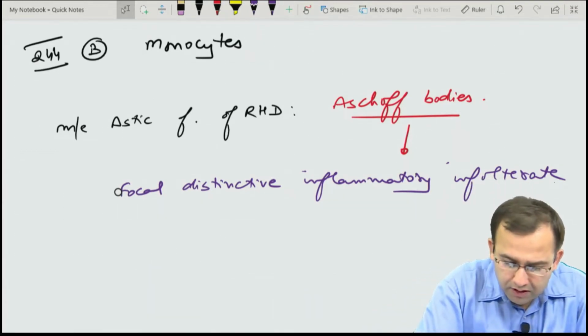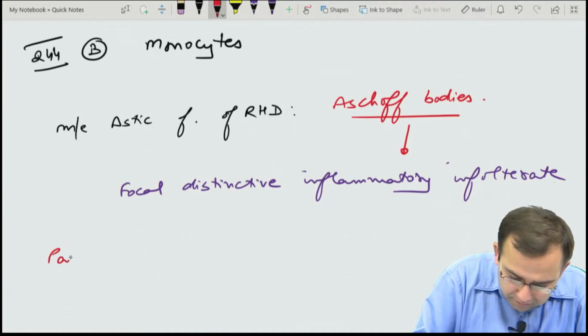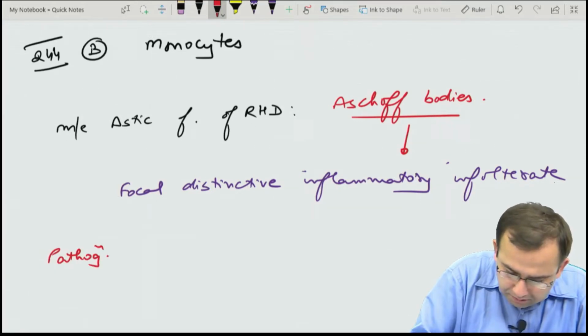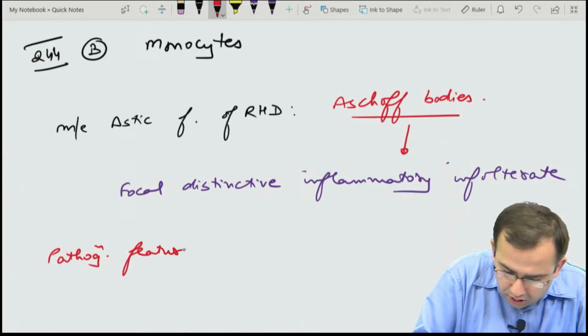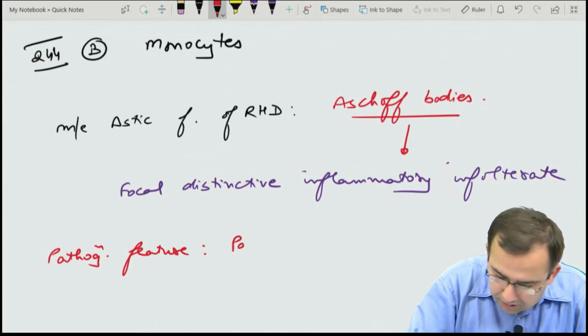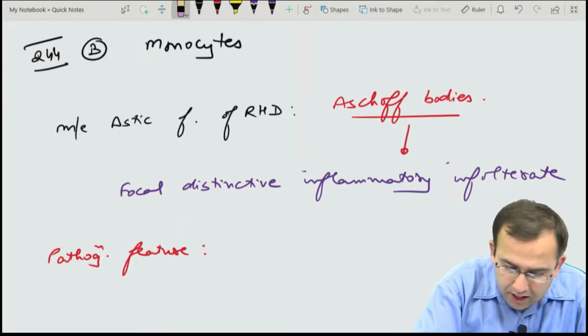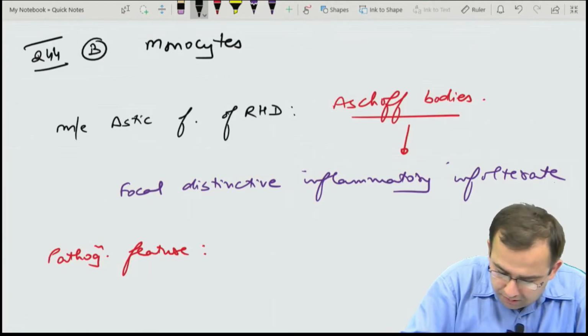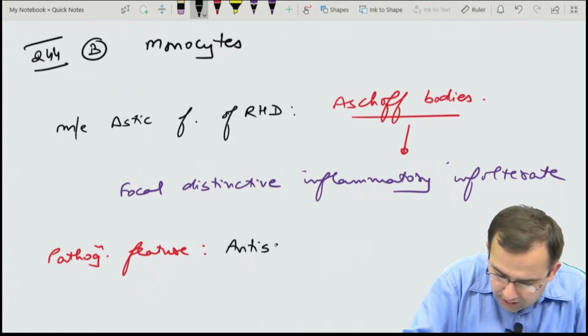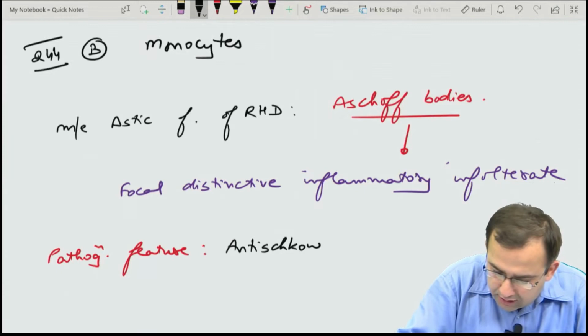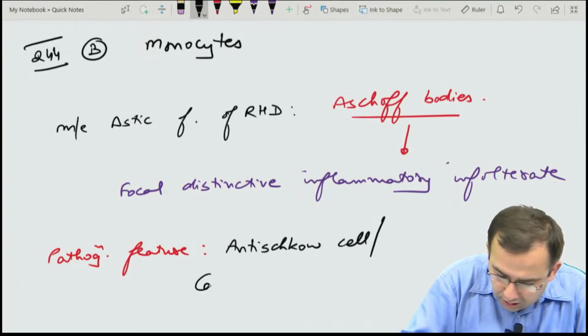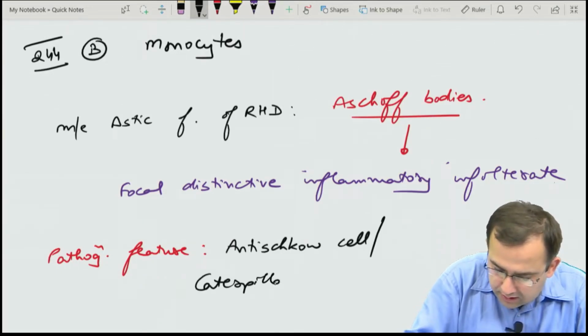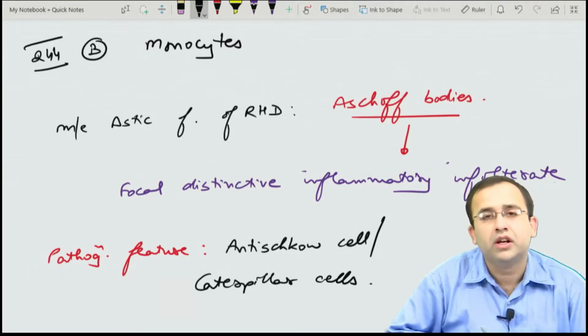So, which is the pathognomonic feature of RHD? The pathognomonic cell is the Anitschkow cell, also called caterpillar cells. This is because of its nuclear arrangement.